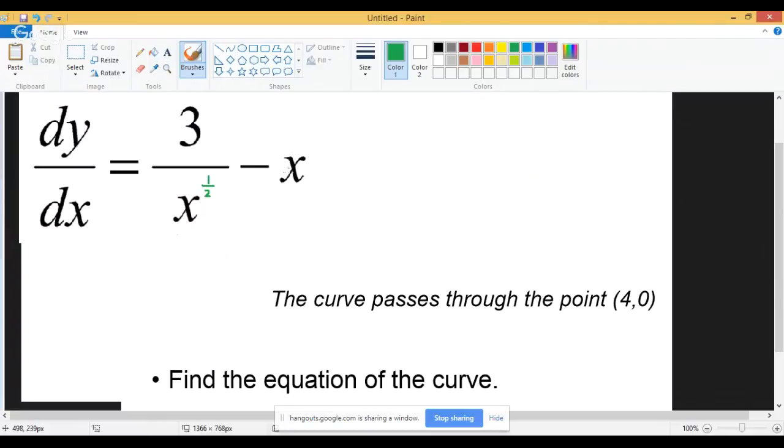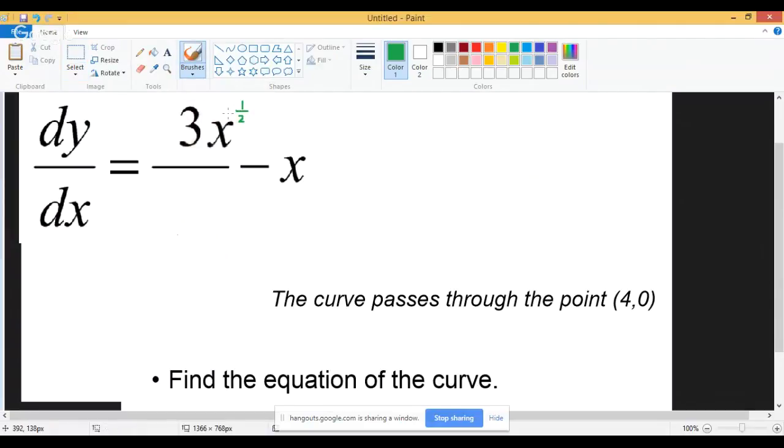And now that's starting to look a little bit simpler, but not really simple enough. X to the power half as a denominator, we can bring that to the top if we change the sign of the power from positive to negative. So x to the power half can be brought to the top of the fraction as long as we remember to change it to x to the power minus half.